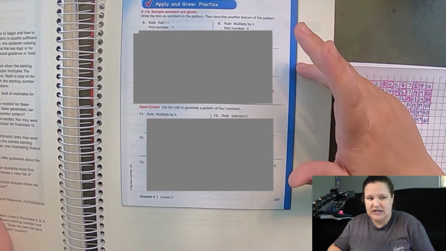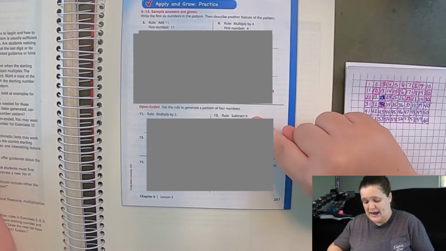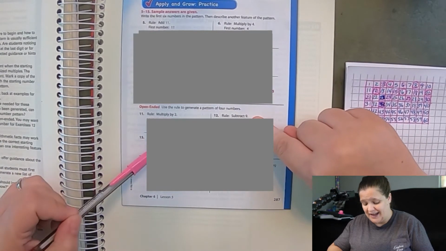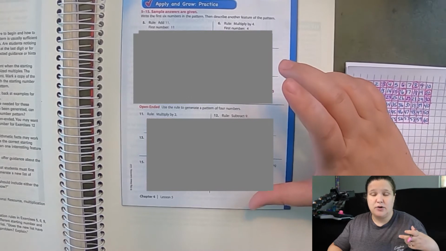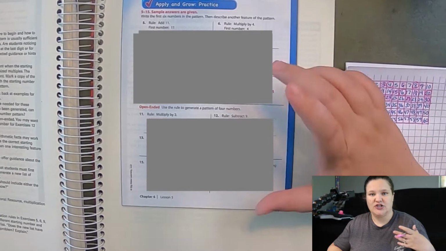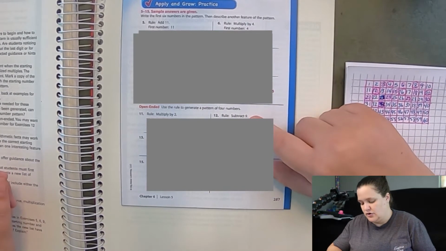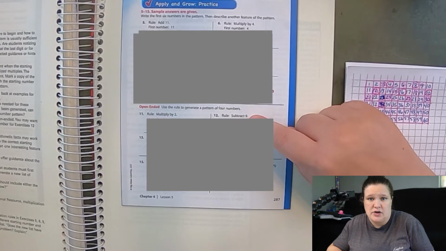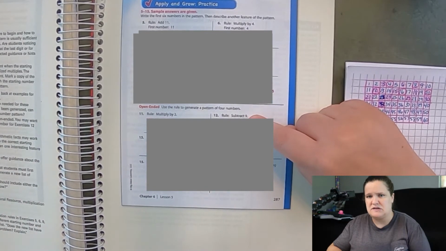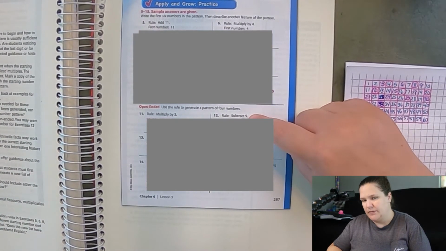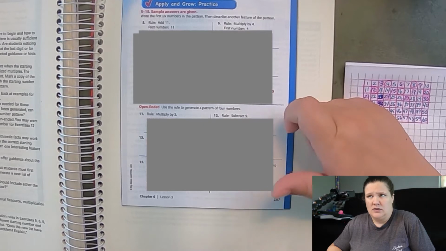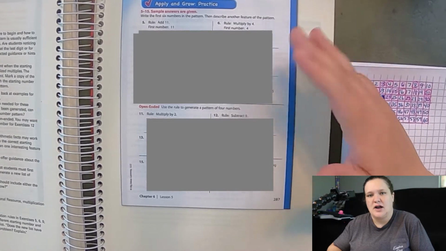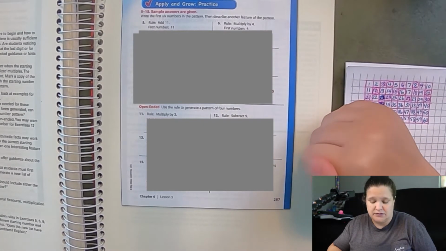Now I would suggest on ones like subtract or divide that you start with a big enough number that you don't get into fractions or negatives. So if you're subtracting 9, don't start with 9. Because 9 minus 9 is 0, and then where do you go? You go into the negatives. So start with a big number like 90 or 60, something that you're not going to get all the way down past 0.